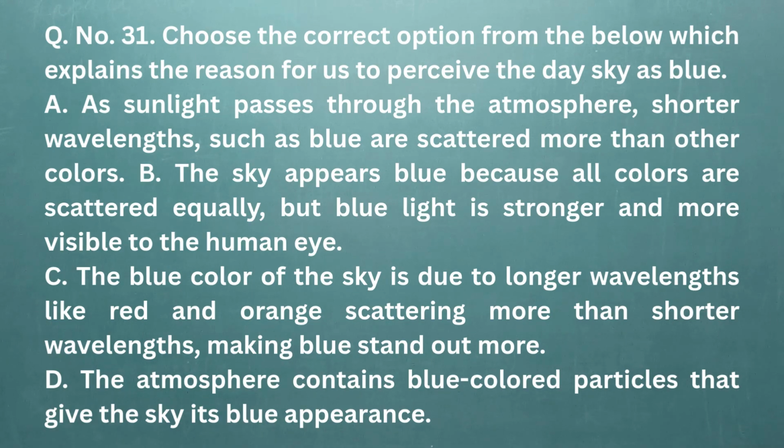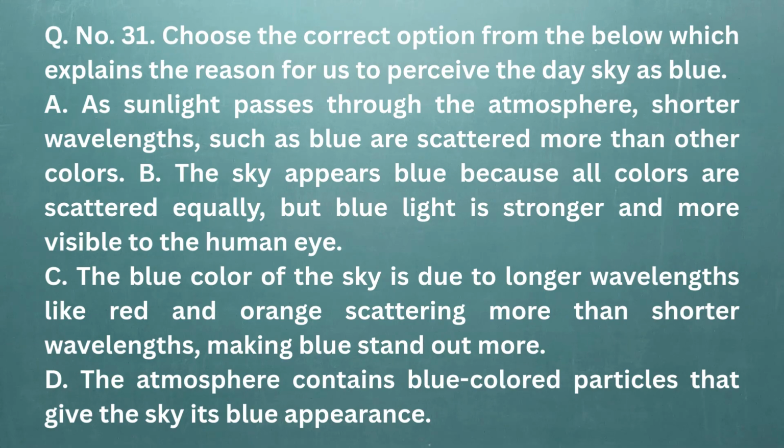Question number 31. Choose the correct option from the below which explains the reason for us to perceive the day sky as blue. A. As sunlight passes through the atmosphere, shorter wavelengths such as blue are scattered more than other colors.